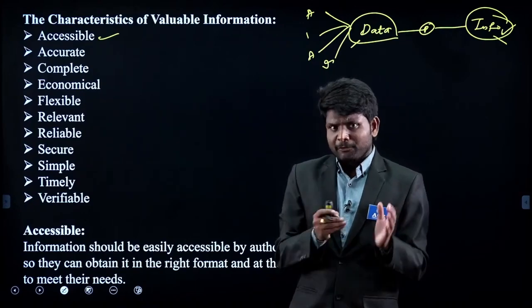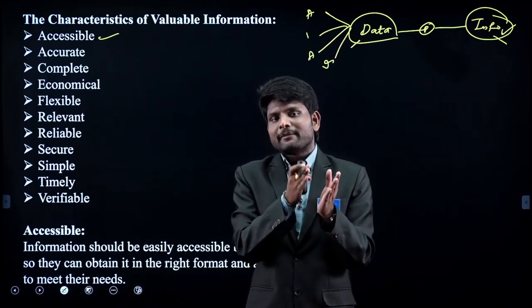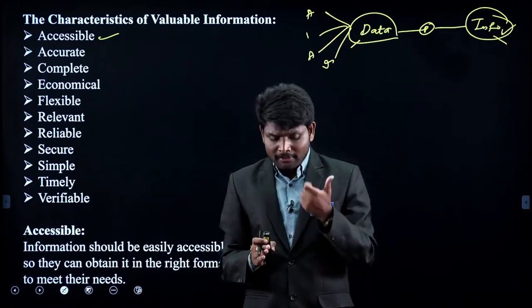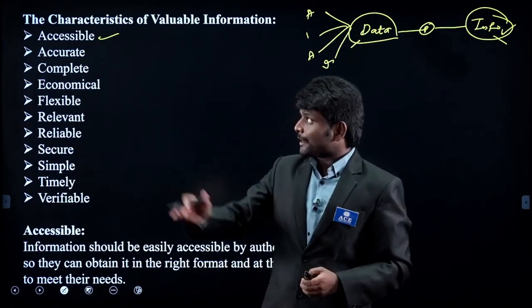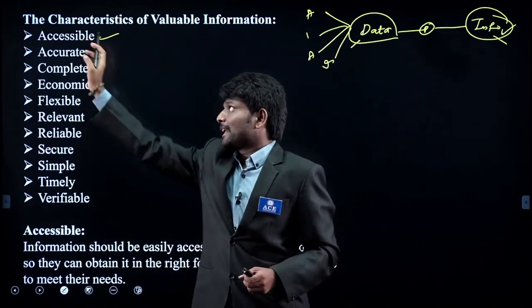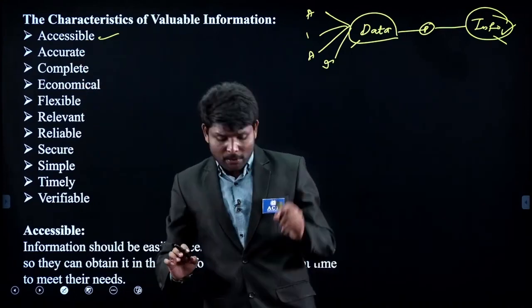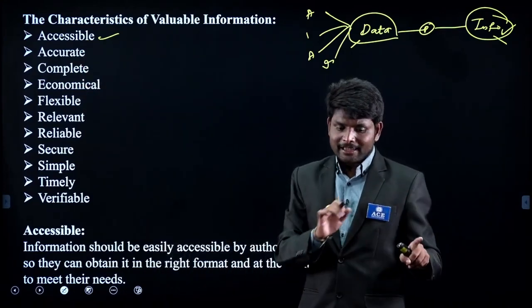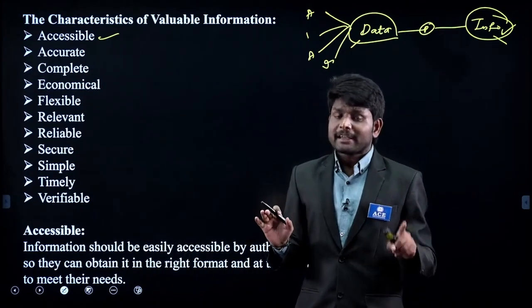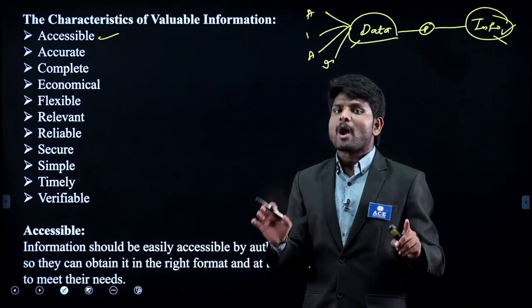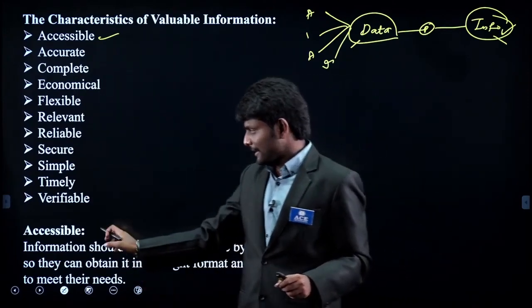What I'm trying to say, if you create some information, if you are not giving access to that information to anyone, what is the use of creating that information? So the information that we are creating should be accessible. You can maintain some secrecy, privacy and access control, but it should be accessible to the people who want to make use of it. So the first point is accessible.